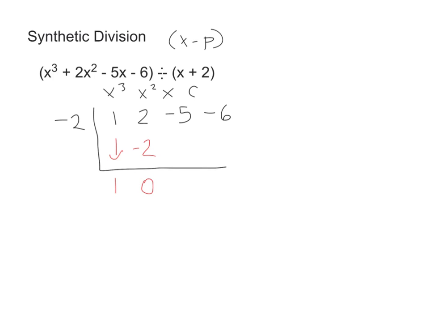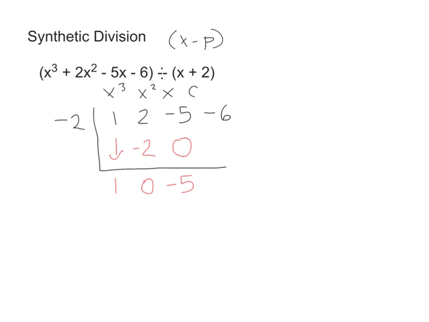Now you continue to do that. So you're going to multiply negative 2 again by 0, and you get 0. And then add those two numbers together again. Negative 5 plus 0 is negative 5. So 1, 0, negative 5. Multiply again.